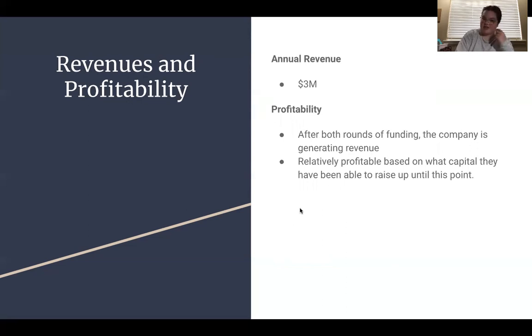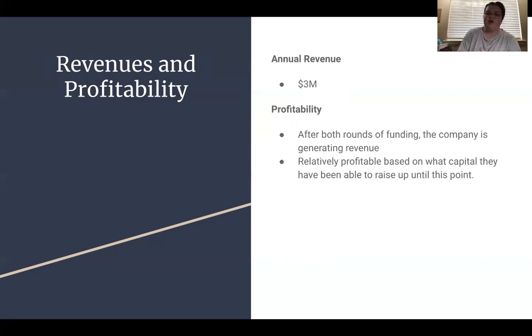And as far as their revenues and profitability, the most I could find on their annual revenue, since they are still a privately owned company, was roughly $3 million. As far as profitability goes, it is known that after both rounds of funding, the company was generating revenue, which is good.